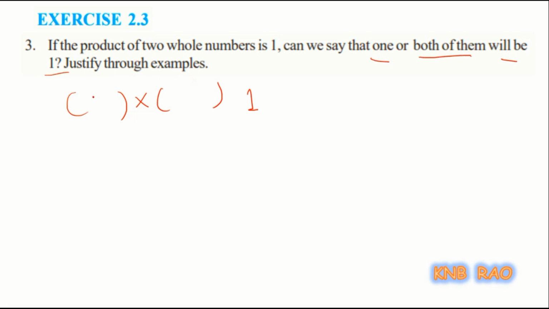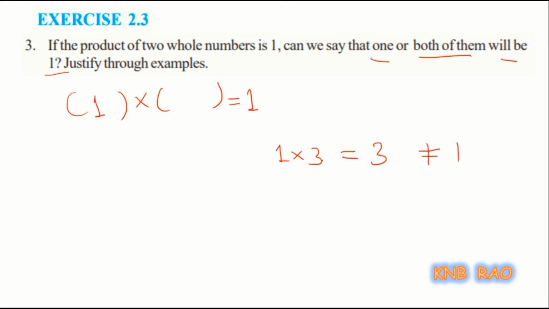Suppose any one of them is 1, the other is some other number, such as, let's say 3. Is 1 into 3 equal to 1 or 3? It is obviously 3, not 1.